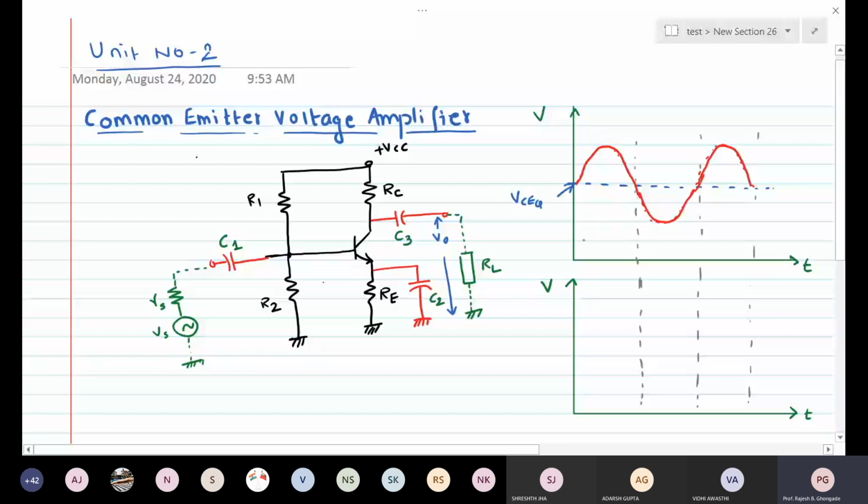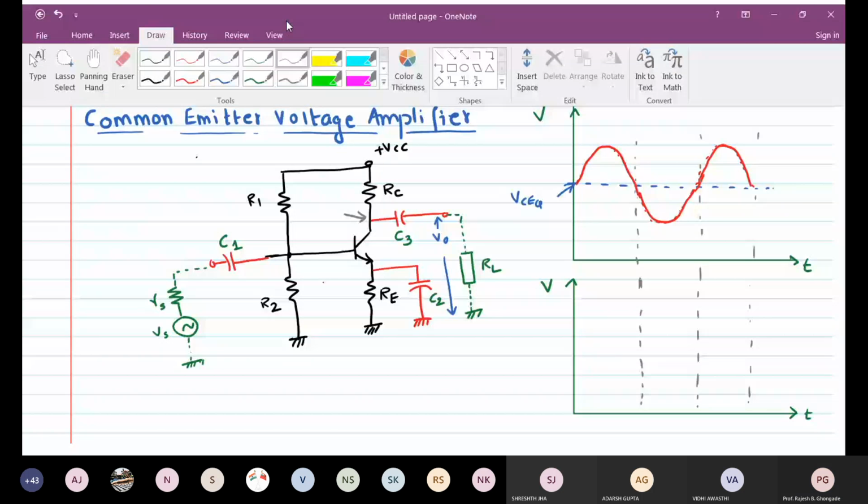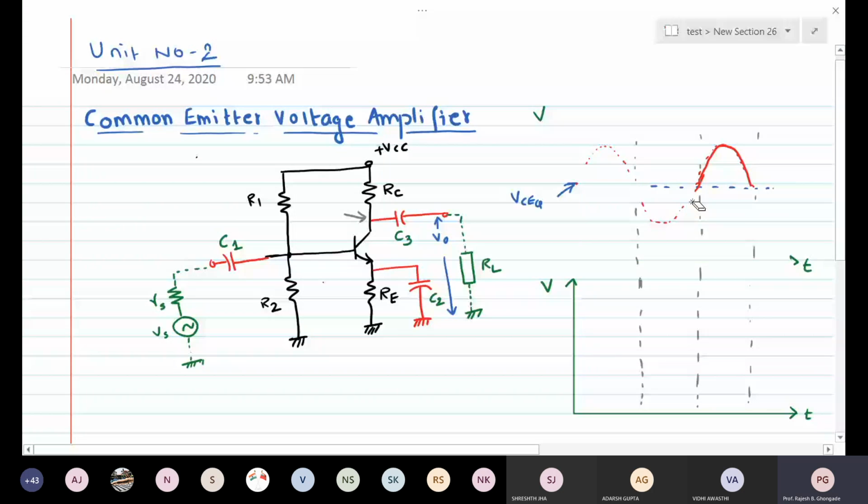Actually speaking, this VCEQ is the voltage over here. Okay, I think you should not get confused. So instead of VCEQ, I will simply remove this all, and later on we'll talk about the VCEQ thing. Probably it may confuse you at this point of time.